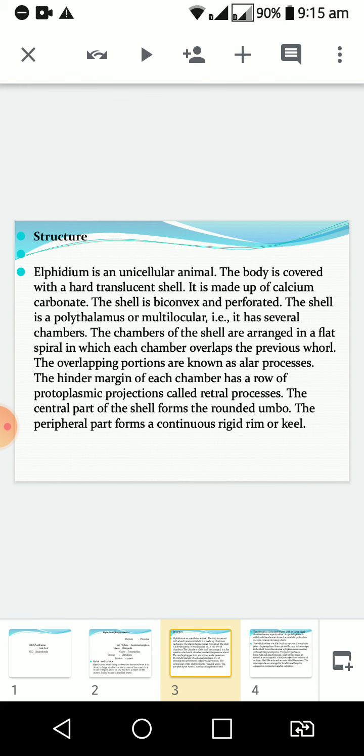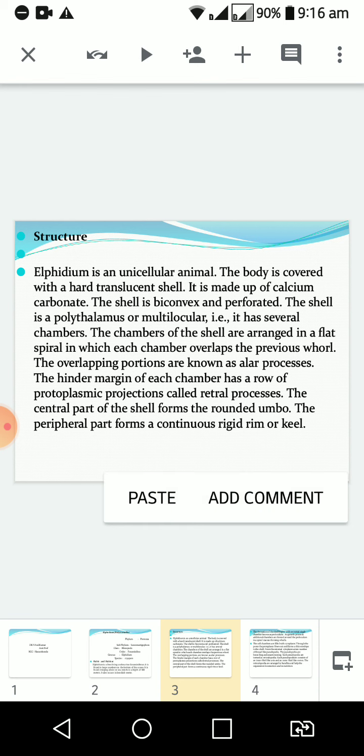This shell is biconvex and perforated, and the shell is polythalamous and multilocular. It has several chambers, arranged in a flat spiral in which each chamber overlaps the previous one.